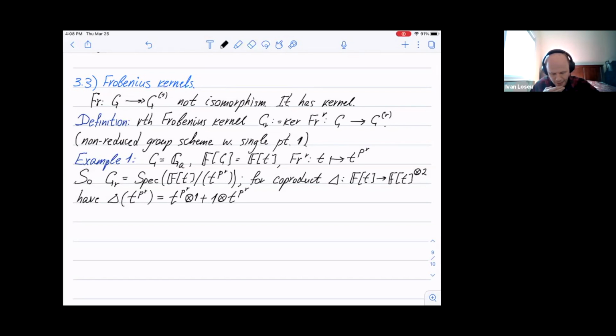Okay, so the ideal generated by t^(p^r) is a bialgebra ideal, and for similar reasons also a Hopf ideal.